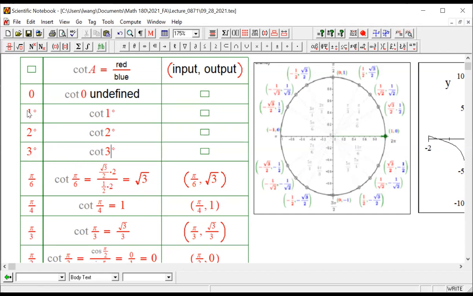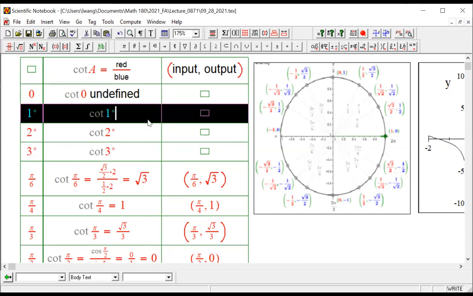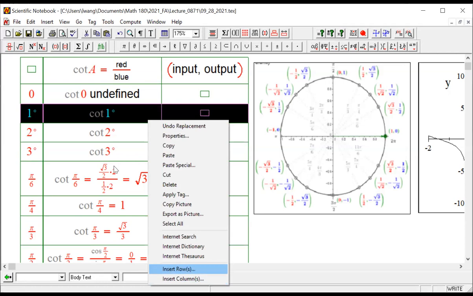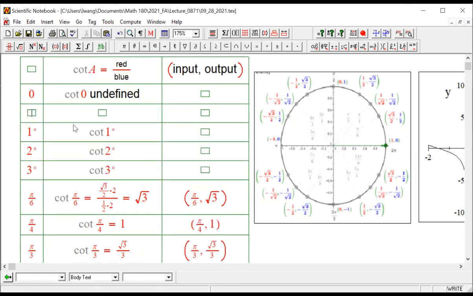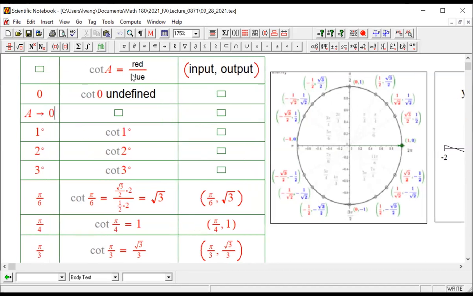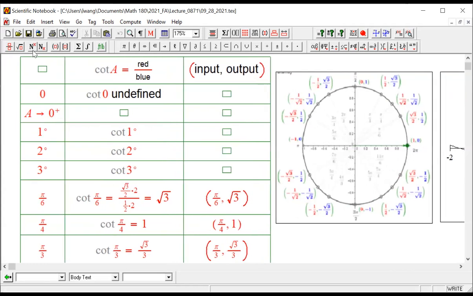So observing this process, what do we want to observe eventually? We want to observe what happens when the angle approaches zero from larger than zero. We know we cannot be zero, but from larger than zero.